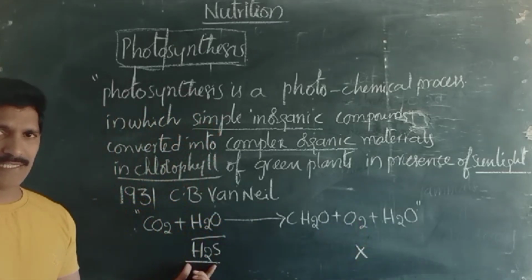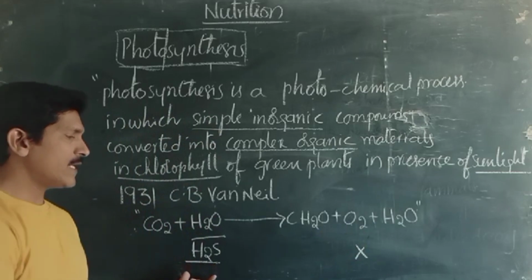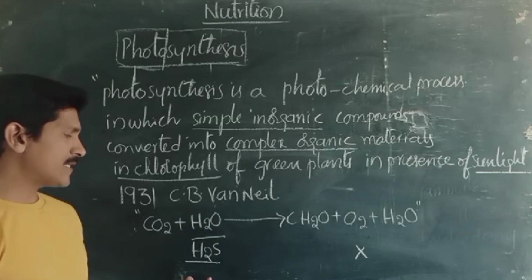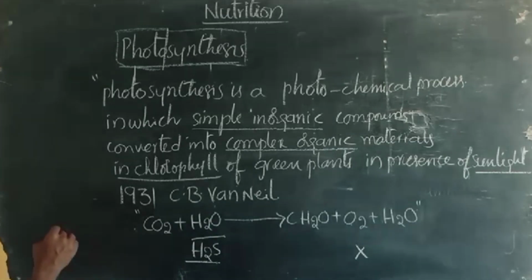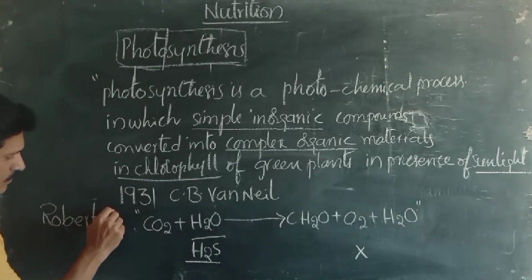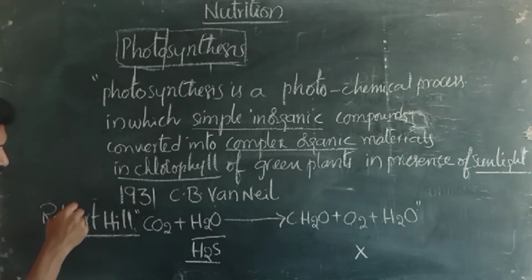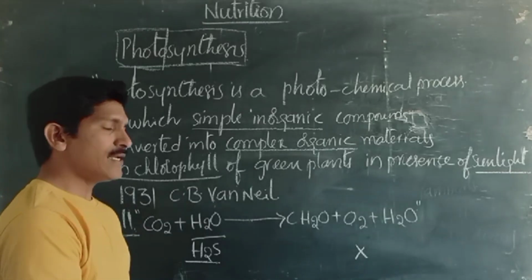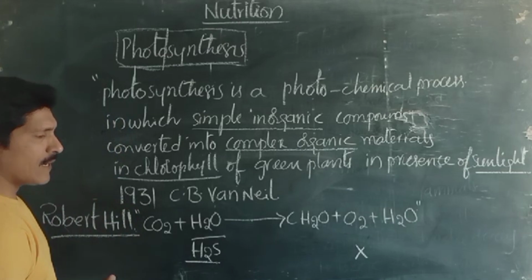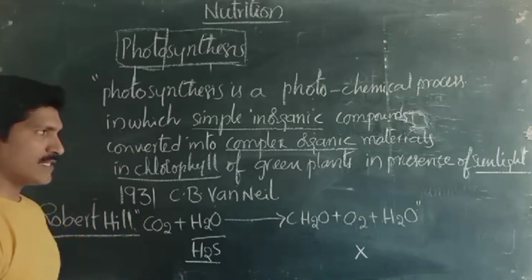Oxygen was not released. Then after several years, another scientist, Robert Hill, did the experiment with water, and he formulated the complete formula of photosynthesis.